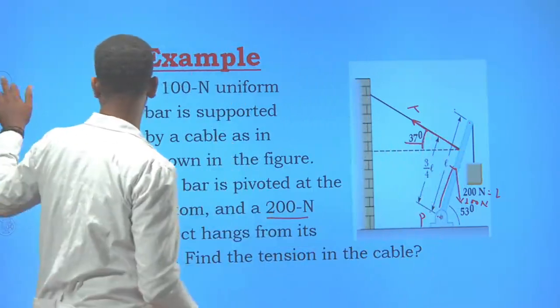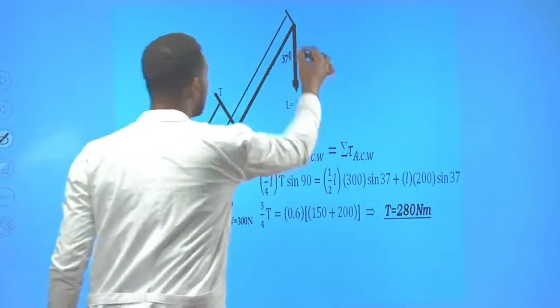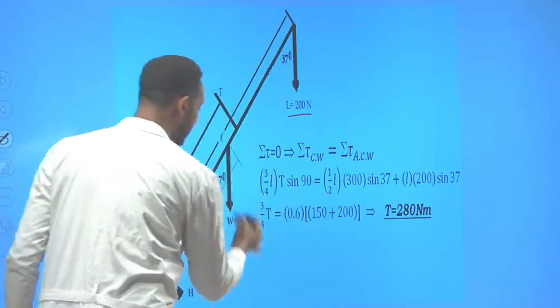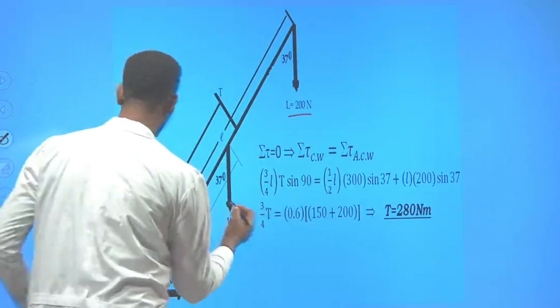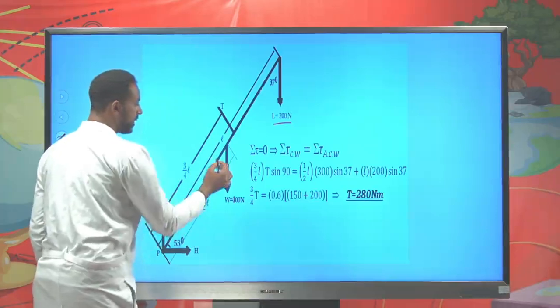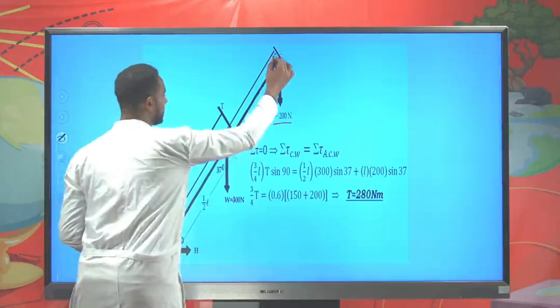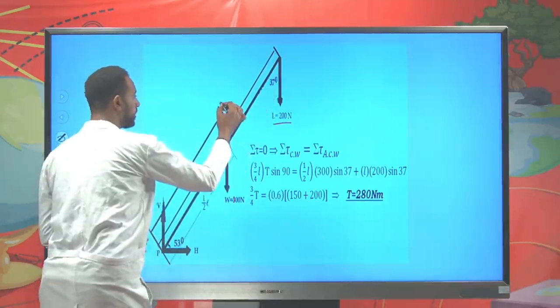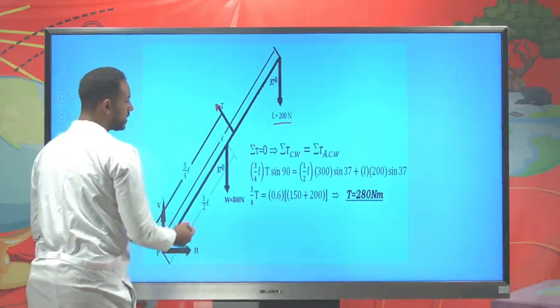To solve this, first, what are the force components? The first force component is 200 Newton due to the load, and here you have the weight of the bar, which is 100 Newton, and the length from pivot to the load is L. Here you have a tension acting at this point.